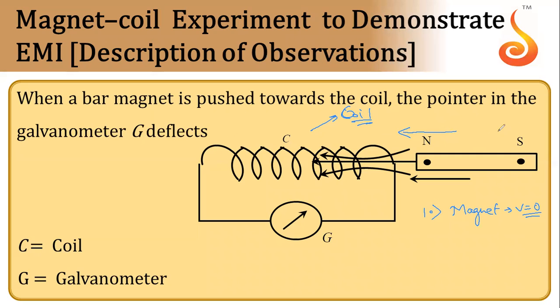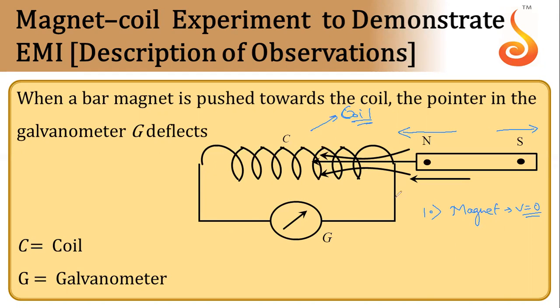Then when we were taking this magnet away from the coil, again some deflection in the galvanometer happened, meaning some current started passing through the coil. If this magnet was brought with a higher velocity, a further larger amount of current started flowing in this coil.